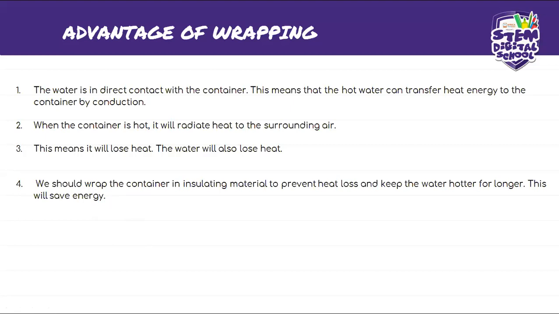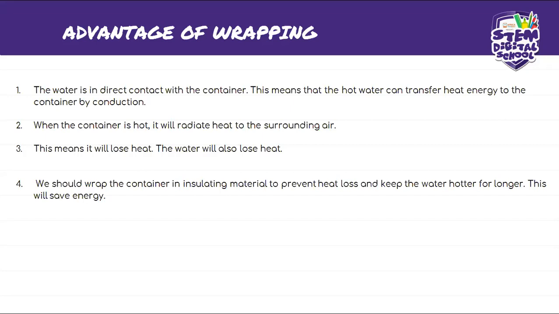This will save energy. There are basically some offices which also have a heating system to keep the offices or houses hot when it's winter. But remember, the more you use heat, the more you spend on electricity to keep warm.